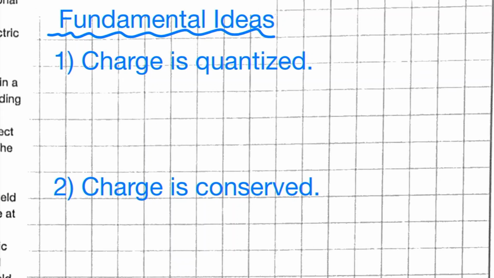A second idea is that charge is conserved. That means the total amount of charge won't change, but it can be transferred between objects. We've seen several conservation laws already previously in physics, such as the conservation of mass and conservation of energy, conservation of momentum, conservation of angular momentum.